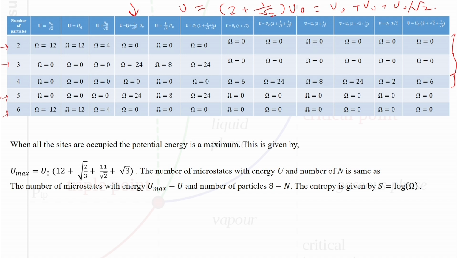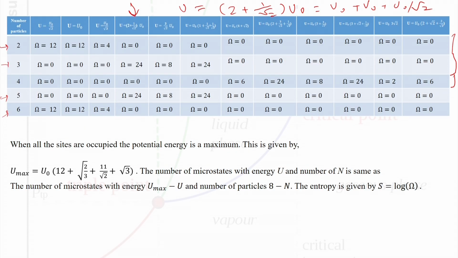That implies that there's a charge at one location, there's a charge a distance a apart, which means that there's a potential energy of u0, and then there's another that's diagonally apart. So you see that there's a pairwise interaction.